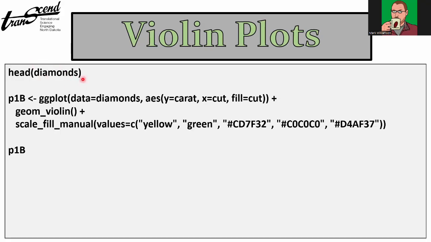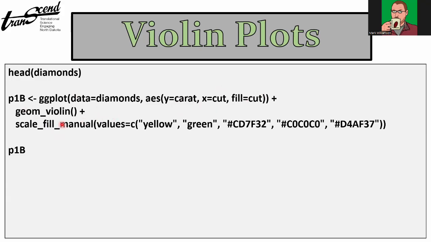A little bit boring, so let's try a little more exciting example. I'm going to use the diamonds data set of characteristics of diamonds. Again, we're going to do the same setup, ggplot. We'll save that to p1b. Aesthetics, again: carat is going to be our numerical value, and then our category is going to be cut. We'll fill by cut, geom_violin.